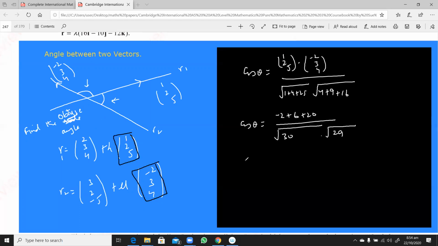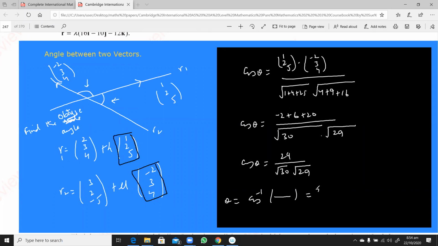So cos theta is going to be 24 over the square root of 30 times the square root of 29. Now, can someone quickly give me what is this theta here? Cos inverse of this. So what is this theta? Yes? Cos inverse of all of this?